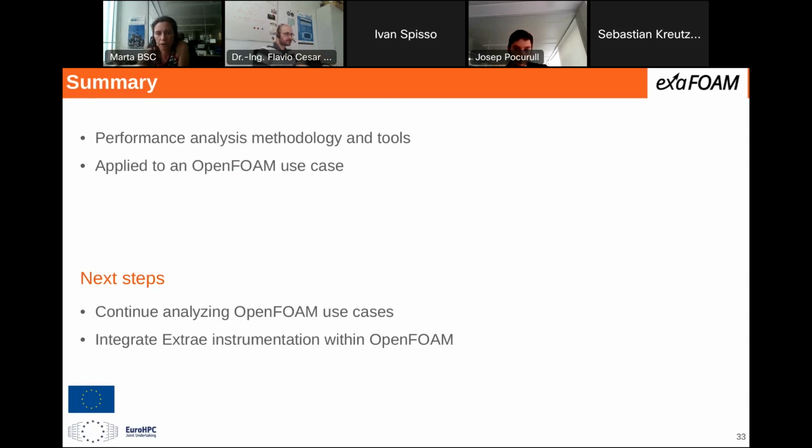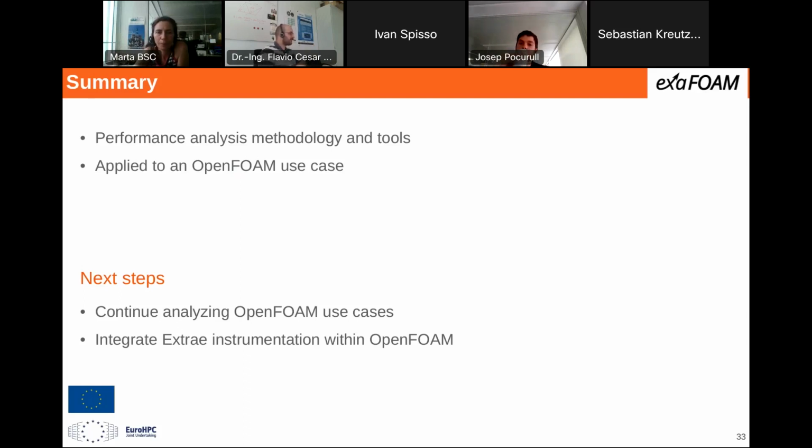We will keep doing analysis for the different OpenFOAM use cases that we have in the project, but we will also try to do this integration, so that when we have our analysis, we can pin exactly which part of the code we are referring to when we find an issue. And that's all from our side. We will be happy to answer any questions that you have.